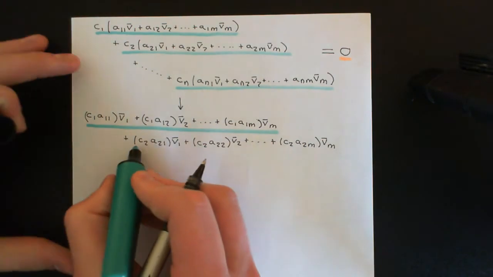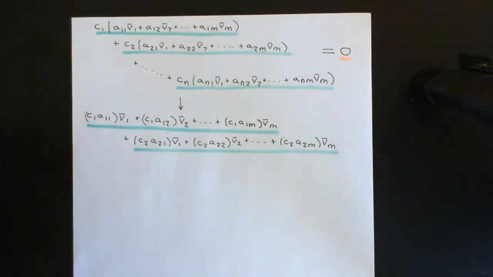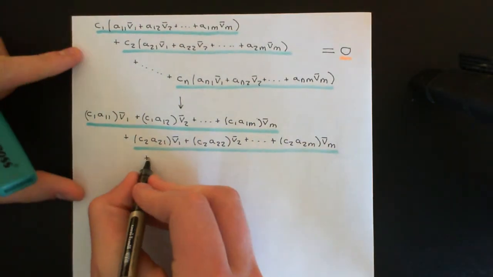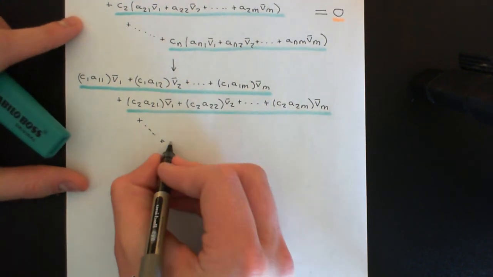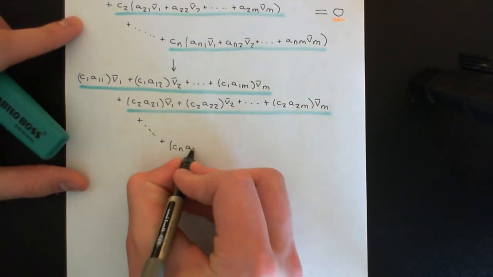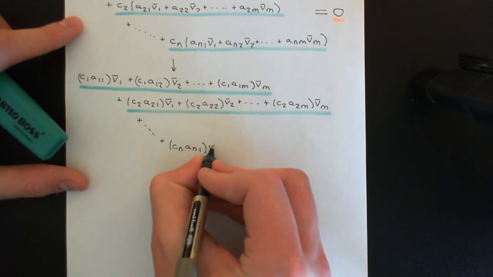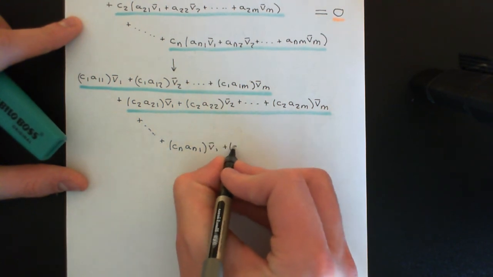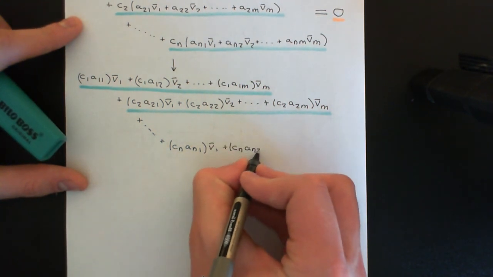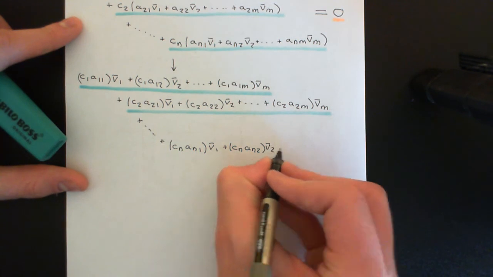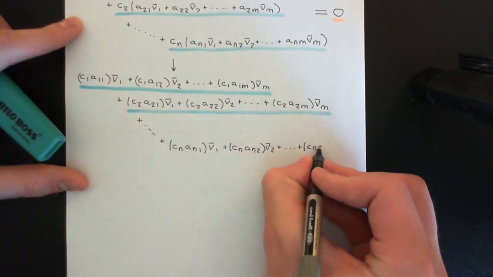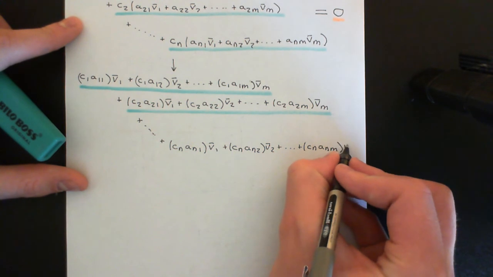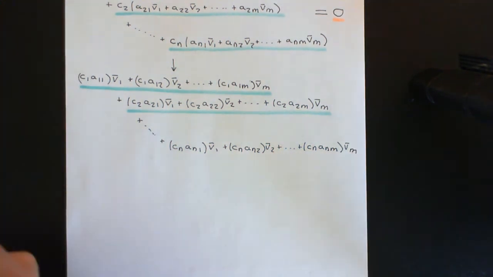Okay, so that's my second line, and I'll just do the final line here. So we'll then have plus dot dot dot all the way down to the final line, where we'll have cn times an1 v bar 1 plus cn times an2 v bar 2 plus all the way up until you have plus cn times anm v bar m, like so.